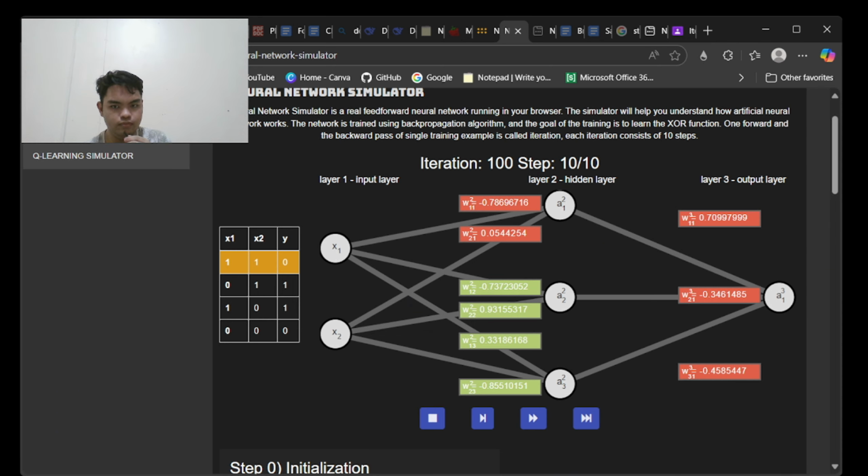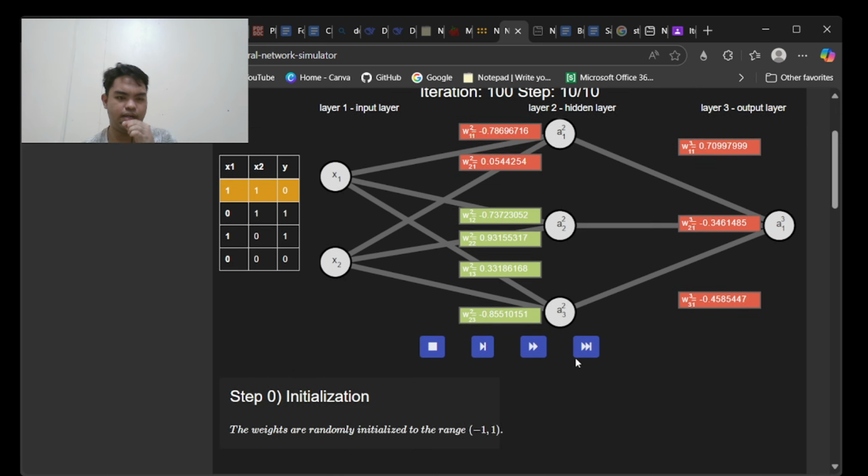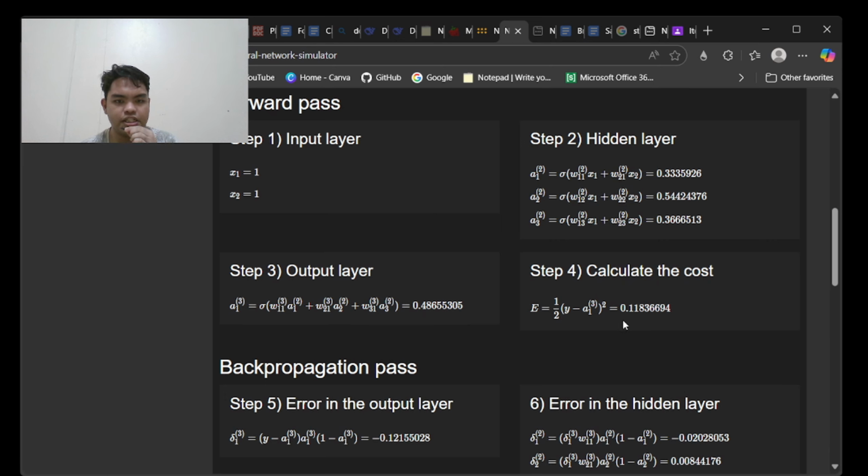For answer two, the best performance iteration: the network showed continuous improvement throughout all 100 iterations. By iteration 100, the cost function reached about 0.118, which demonstrates successful learning. The network achieved this because performance in the final iteration, iteration 100, shows exactly exclusive OR performance.